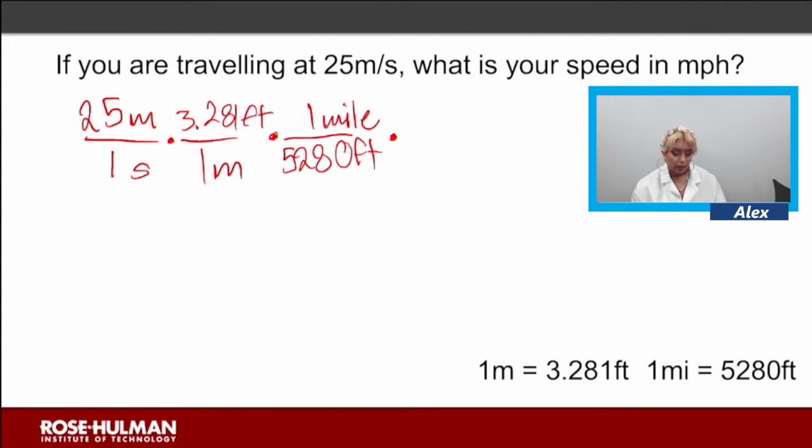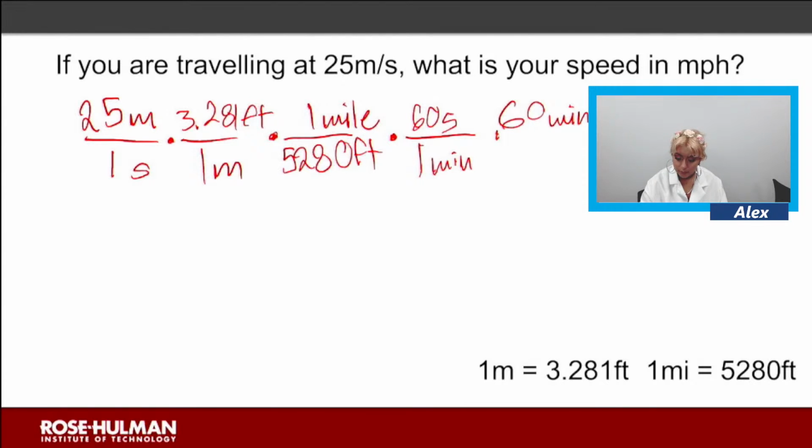So now that we're in miles, we're happy with that, but we still have to change the seconds over to hours. So we do the opposite of what we did before. For every 60 seconds passes 1 minute, and for every 60 minutes passes 1 hour.